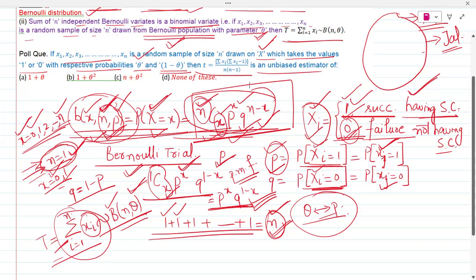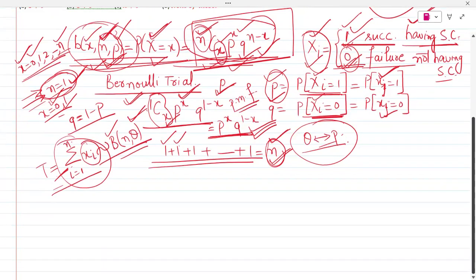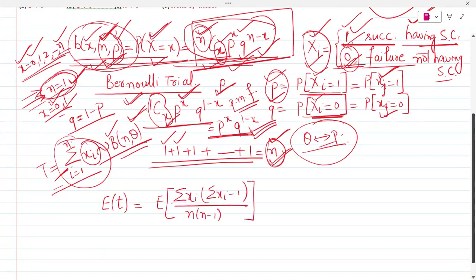Okay, so now, I will start from the expected value of T, which is the expected value of summation xi, times summation xi minus 1, divided by n times n minus 1. Obviously, why?